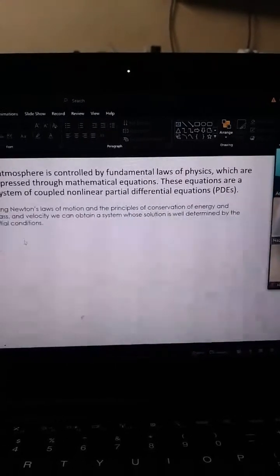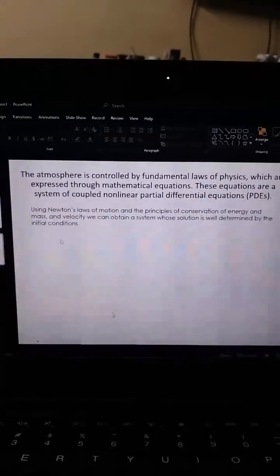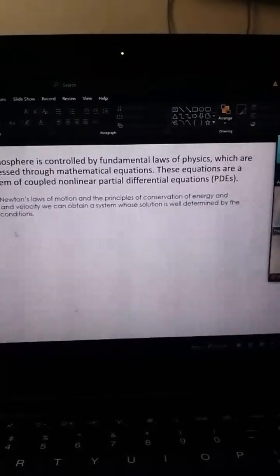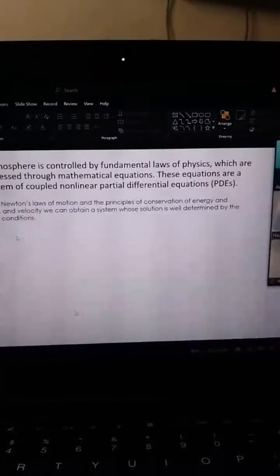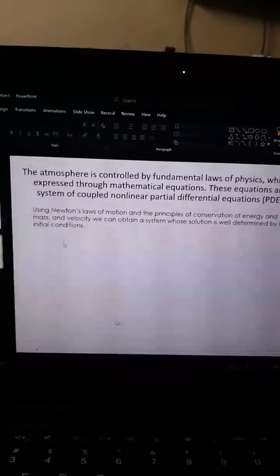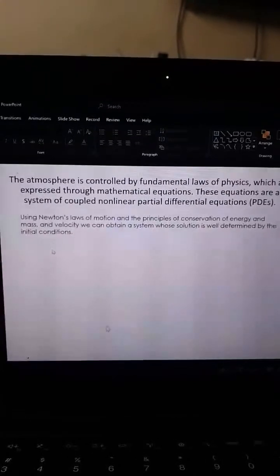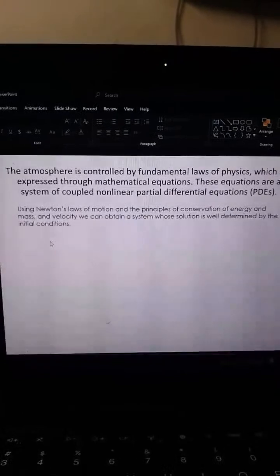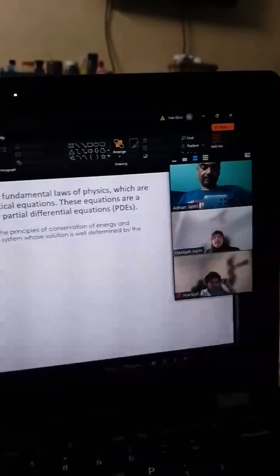These equations are a system of coupled nonlinear partial differential equations, also known as PDEs. So they use Newton's laws of motion and principles of conservation of energy, mass, and velocity.